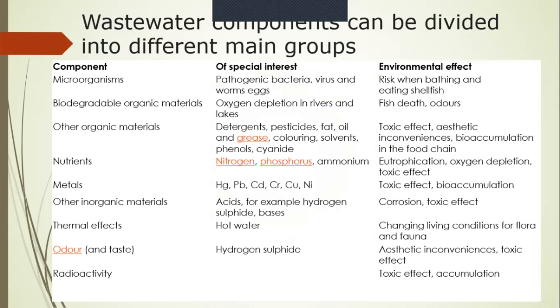We can look at the wastewater characteristics, and we can divide them into three different main groups. So if you look at the components, such as the parameters that we can use to characterize the wastewater, we can see there are microorganisms in the wastewater, and there are biodegradable organic materials, and there can be other material which may not be readily biodegradable.